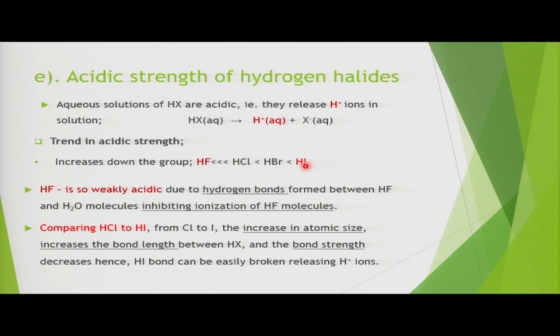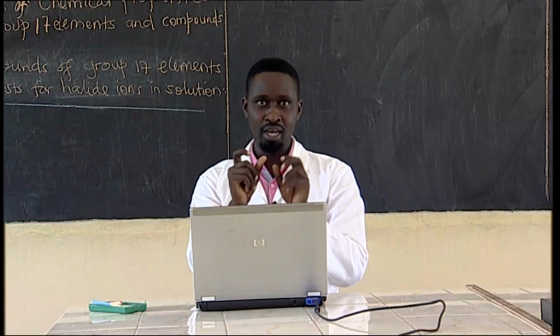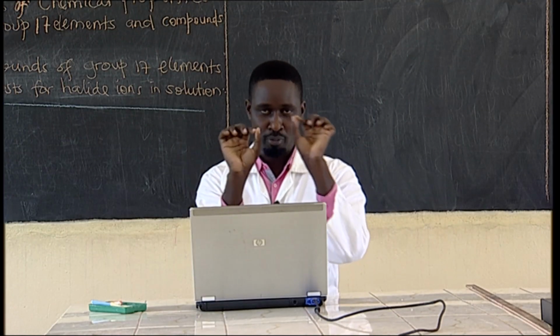So what happens is hydrogen fluoride has hydrogen bonds in its molecules. We looked at that. So you need to first break the hydrogen bonds between hydrogen fluoride molecules and separate one molecule from another.